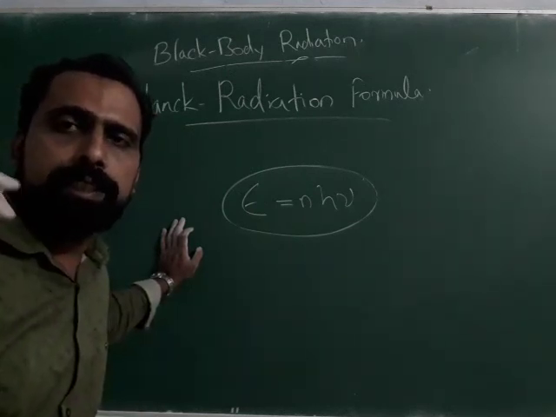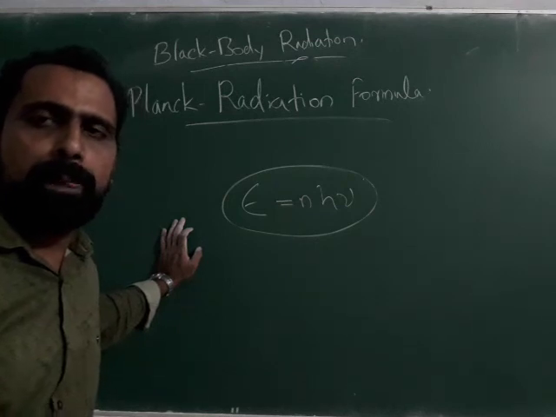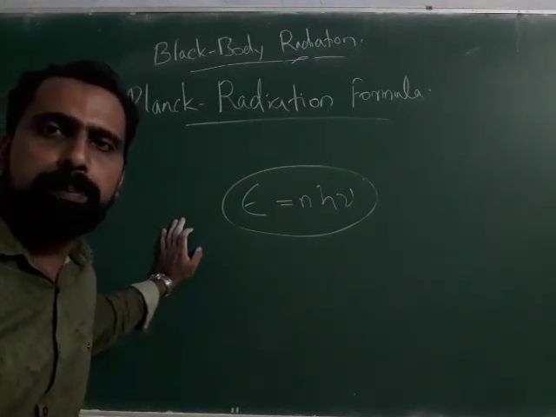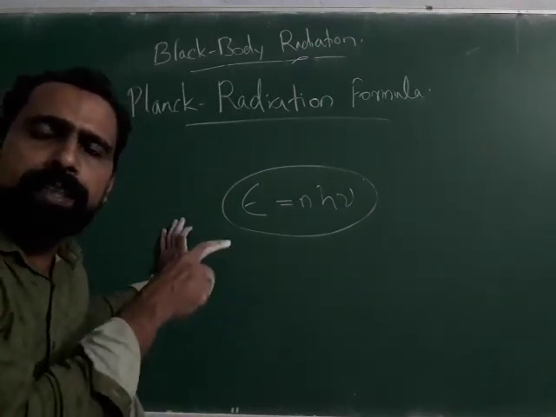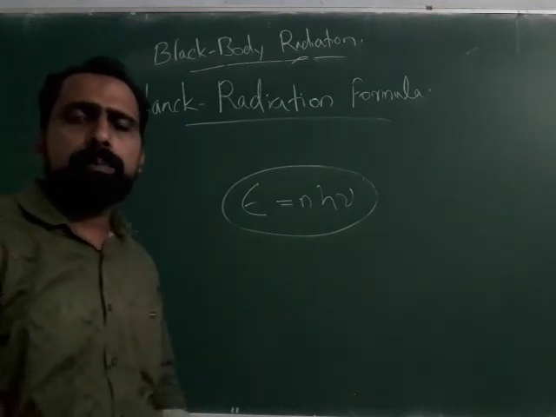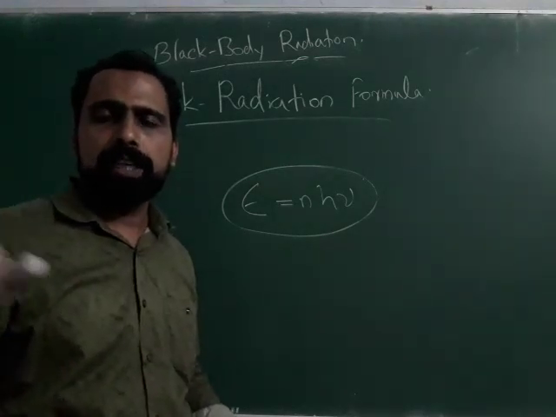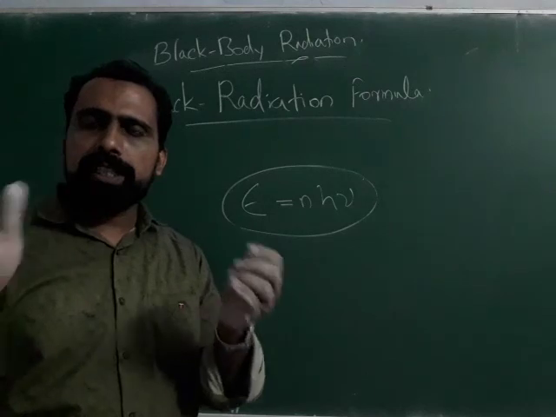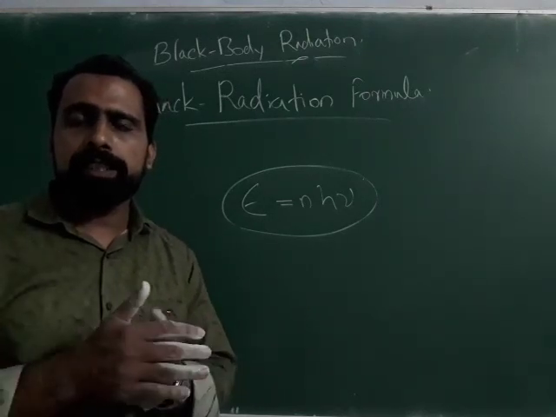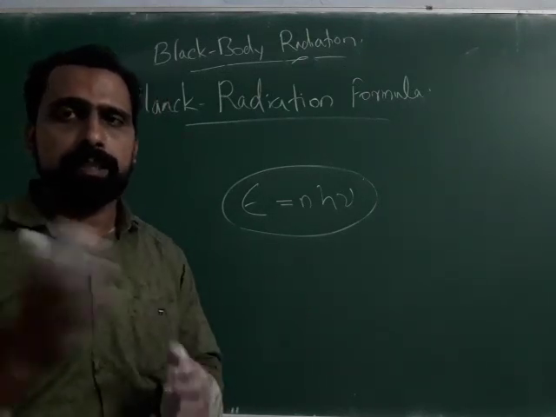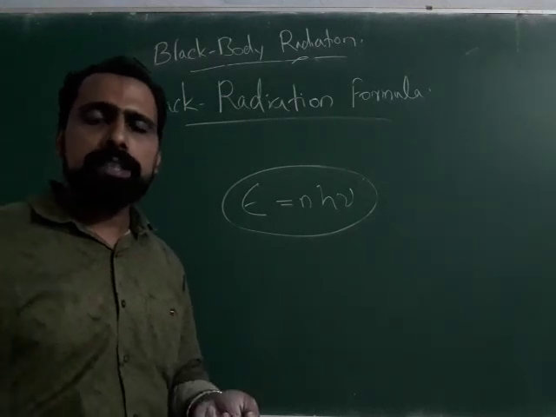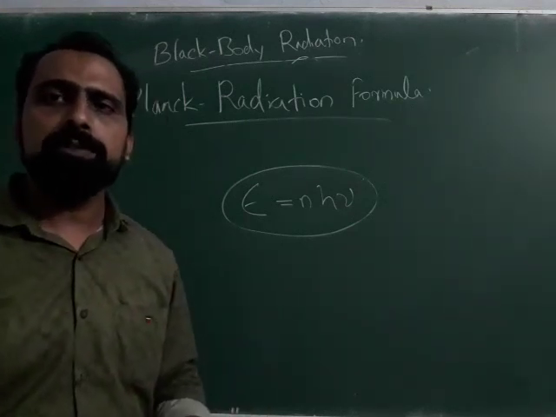Rayleigh just moved classically, and made the classical approach, but Planck used the Bose-Einstein distribution function, and he said the oscillators in the cavity don't possess all the continuous energy epsilon, but only certain specific values of energies.